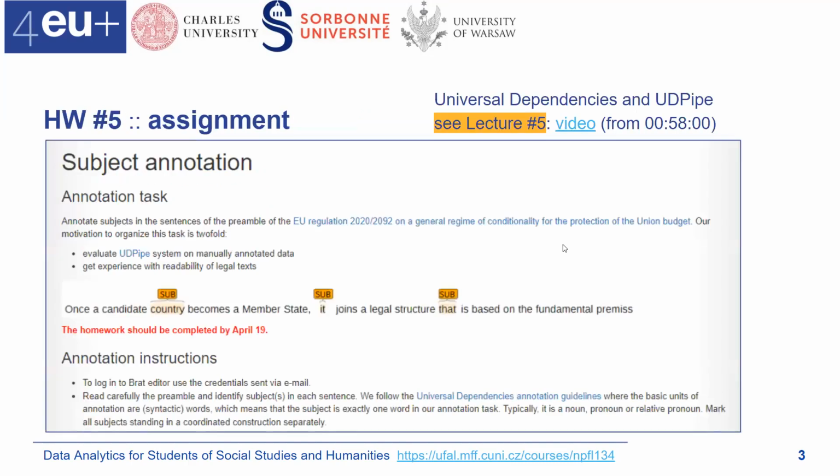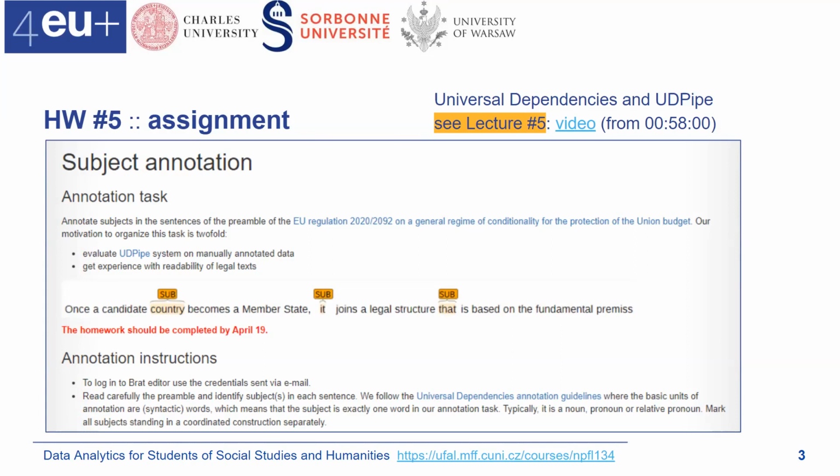So what was your task in the fifth homework? You were supposed to annotate subjects in a particular legal document. The description of this annotation task is very short, and I think that the task itself is very clear.